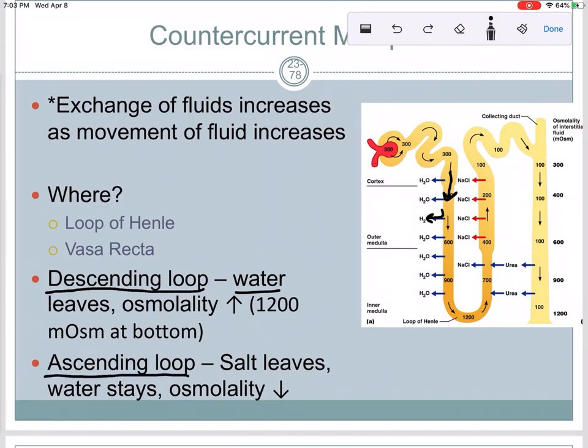Versus in the ascending limb of the loop of Henle, it's more about sodium reabsorption. And this picture shows us that. This is just memorization. The descending limb does more water reabsorption, and the ascending limb does more sodium reabsorption.